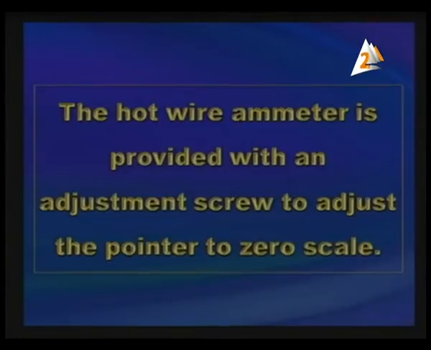Another give reason: the hot wire ammeter is provided with an adjustment screw to adjust the pointer to zero scale. Let me say it again. The hot wire ammeter is provided with an adjustment screw to adjust the pointer to zero scale.